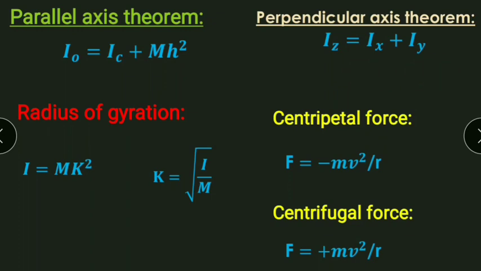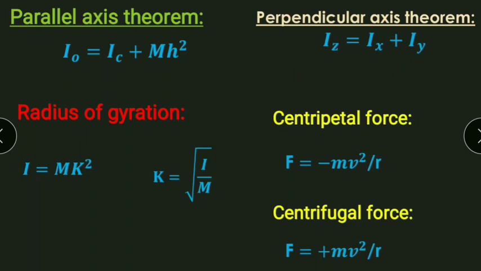Here Ix and Iy are the moment of inertia about x-axis and y-axis, both in the plane of the body, and Iz is the moment of inertia about z-axis, which is perpendicular to the body.